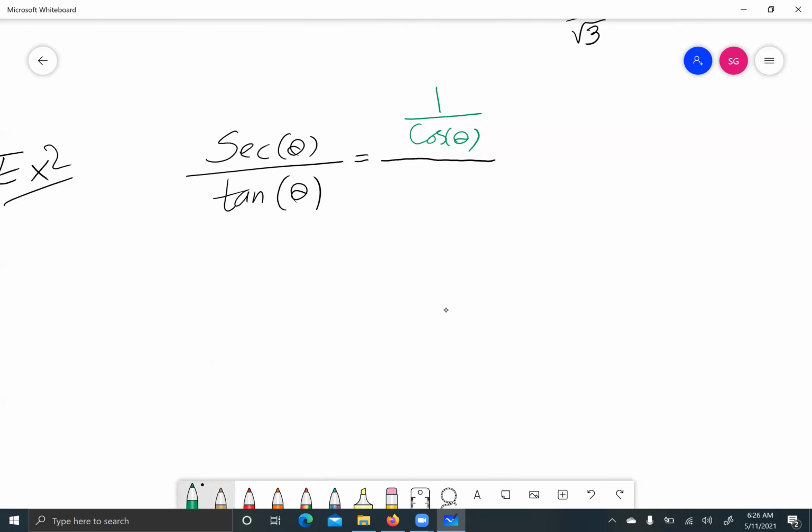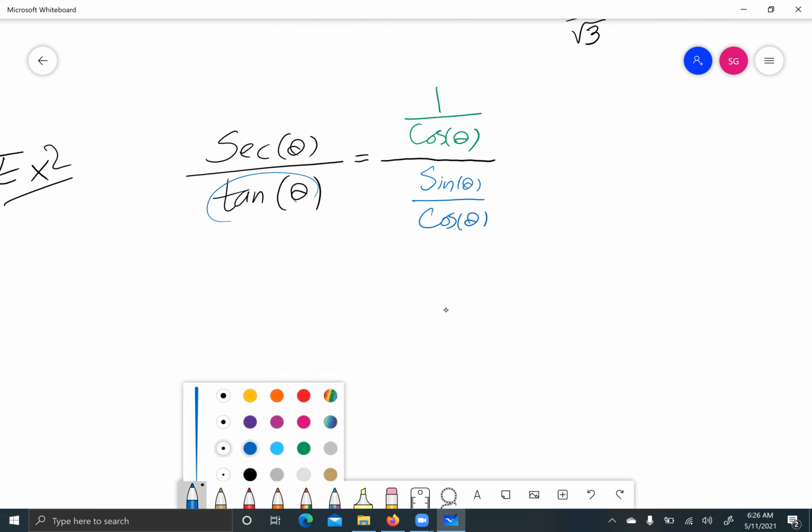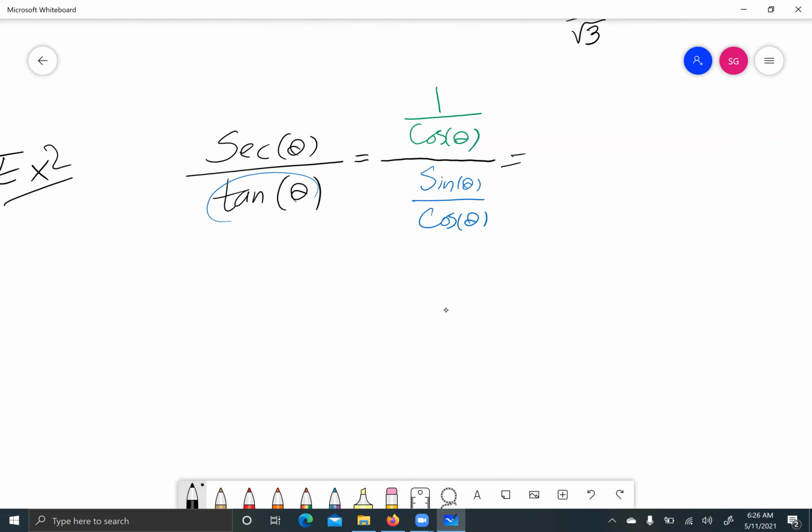What is tangent in terms of sine and cosine? Tangent is sine divided by cosine. Okay, so I just use the identity to replace secant and tangent. Now let's simplify. So you can cross these. So it's going to be 1 over sine of theta. Okay, so that's one way to represent it.